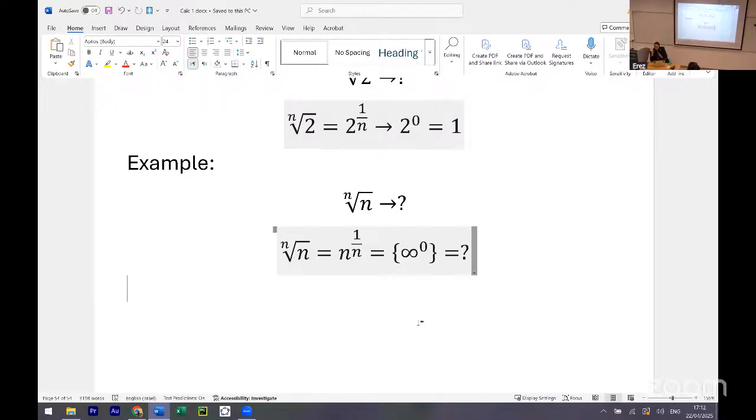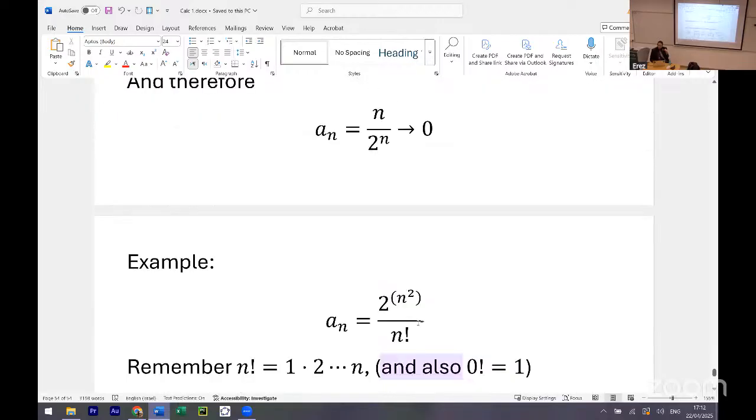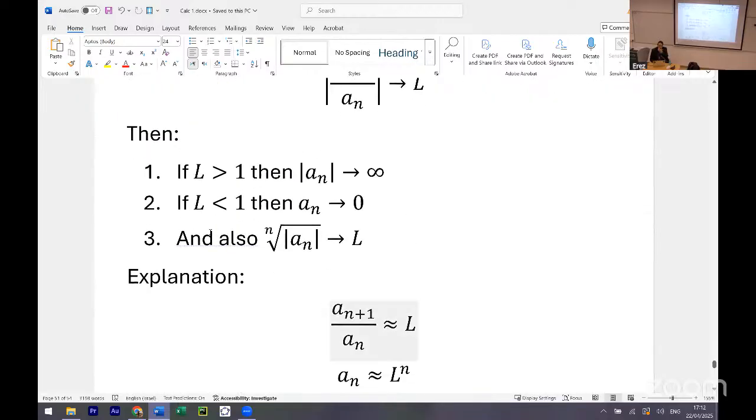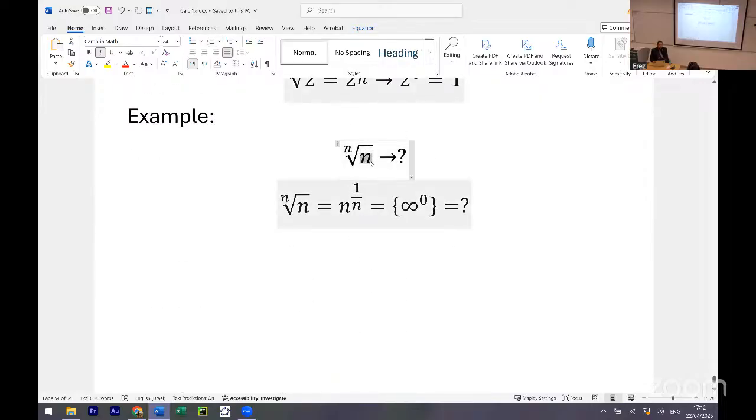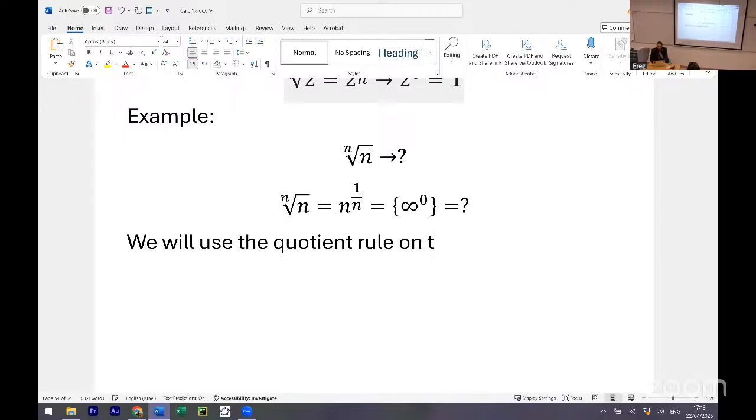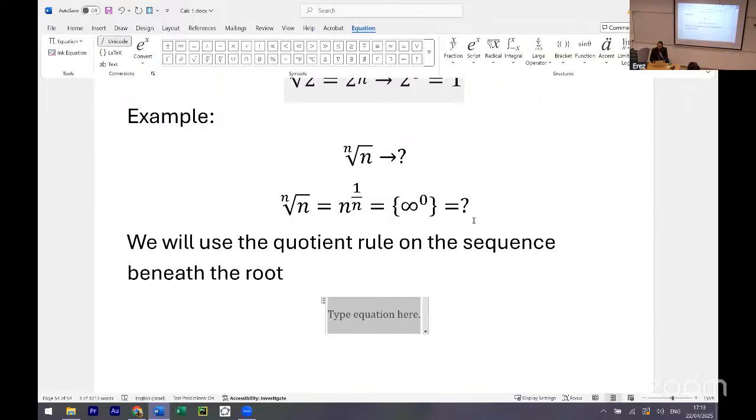And here we will use the quotient law, but we will use the third claim in the quotient rule, which tells us something about the n root of the sequence, meaning that we need to use the quotient rule on the sequence beneath the roots, meaning that our actual sequence that we use the quotient rule on is n.